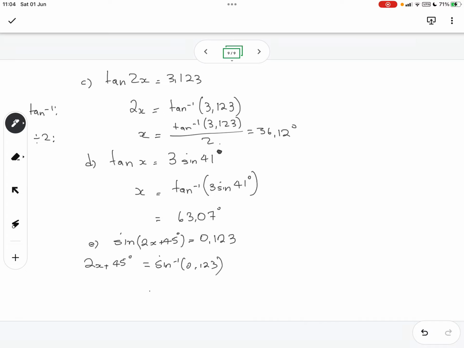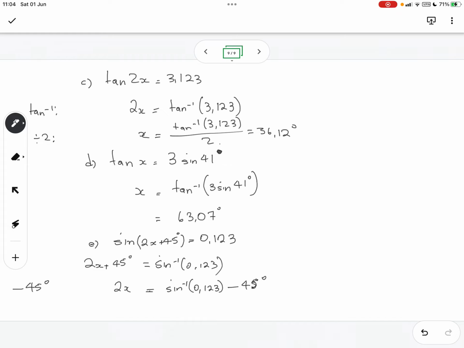And now we need to do additive inverses on both sides, so that we have 2x equals arcsine of that, which is 7.065 minus 45 degrees.